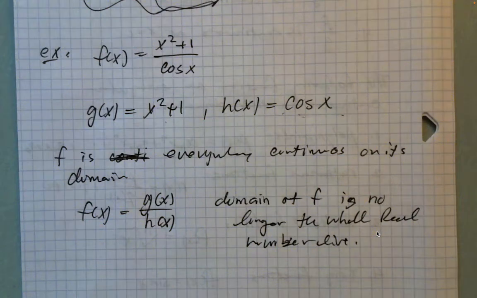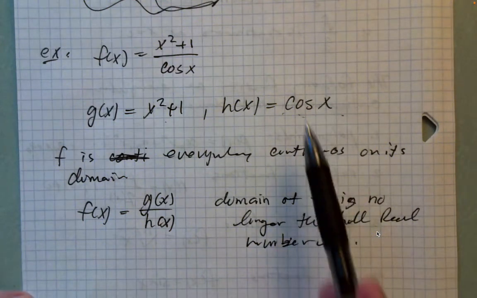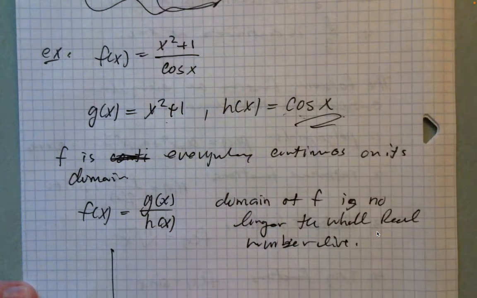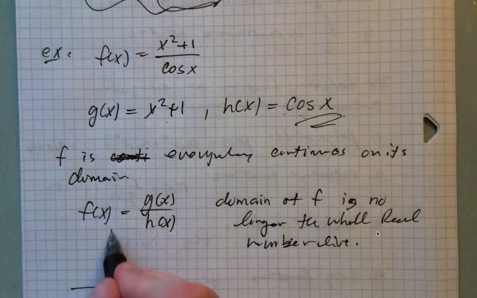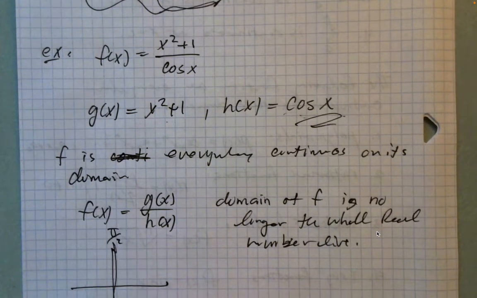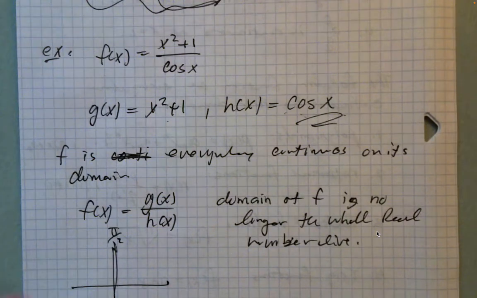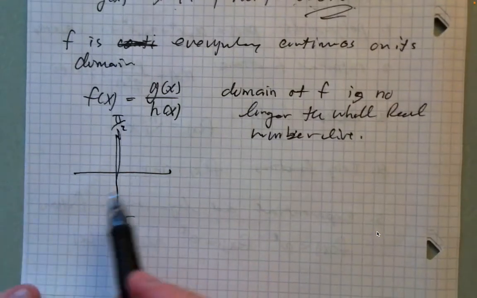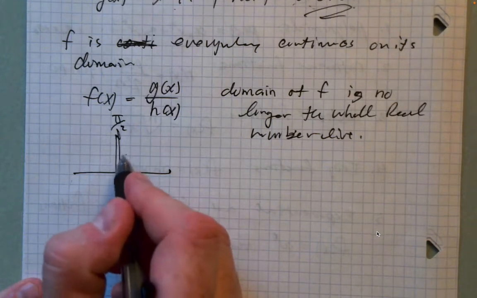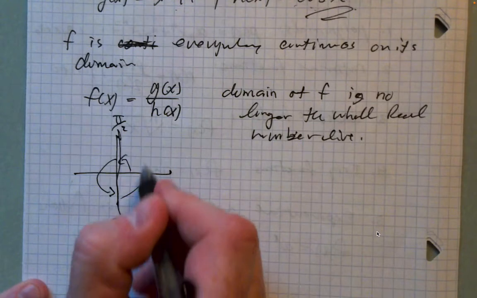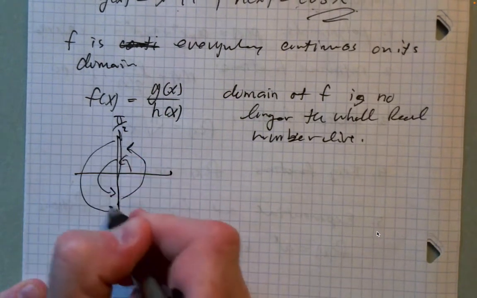So a little bit of a consideration, right? So the cosine is going to be 0 at values like pi over 2 and at 3 pi over 2, and as you continue to go around the circle, you've got one here, another one here, another one here, right?